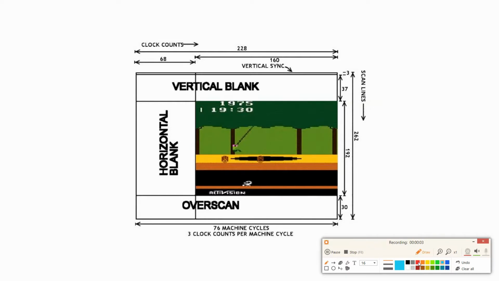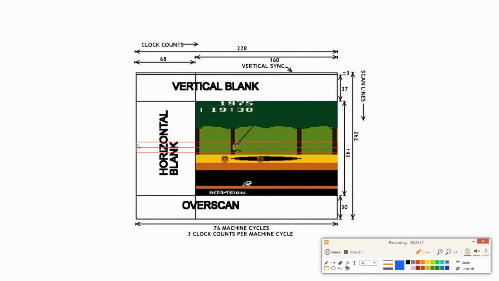Alright, so let's do a quick visual representation of what a two-line kernel is. I want a square. And let's, for the sake of argument, say that all of this square here is a scan line. Like I said, this is just for representation, it doesn't mean it actually is.